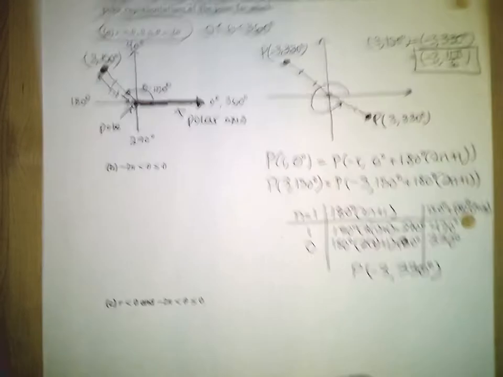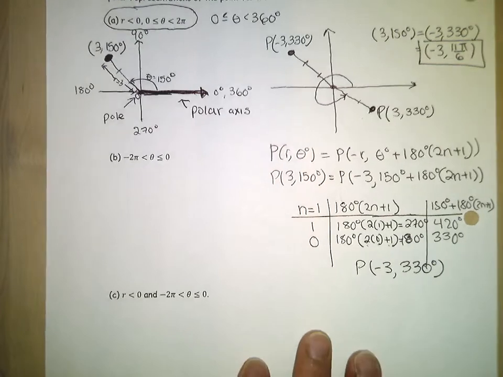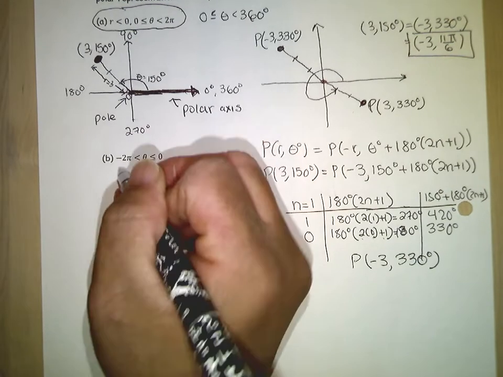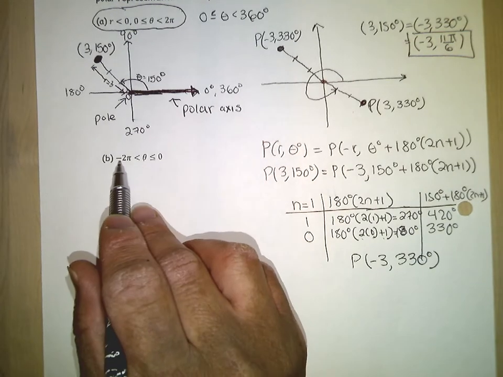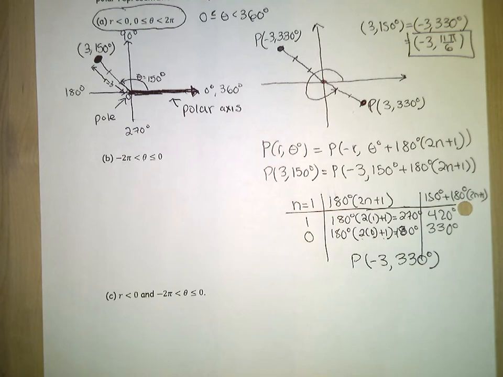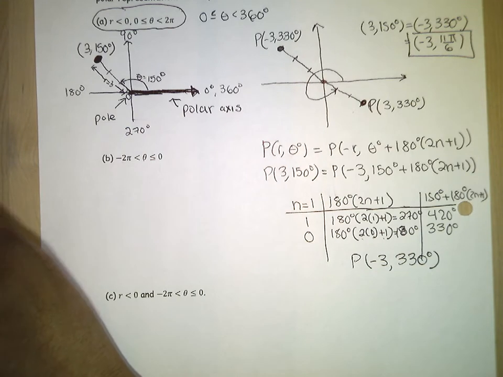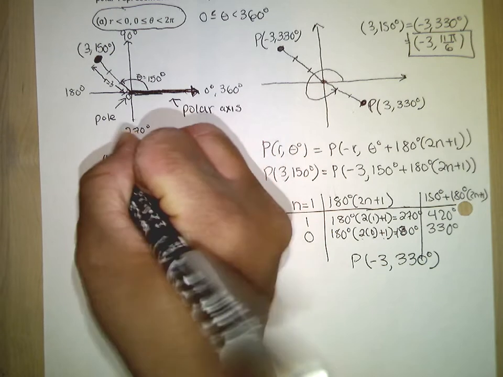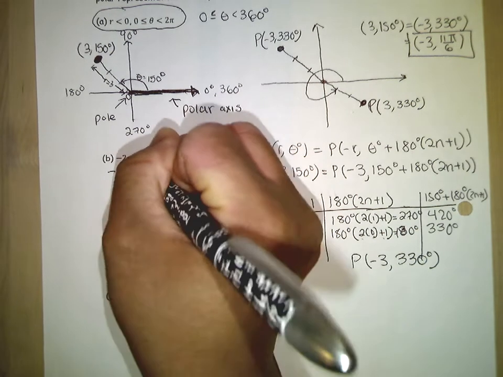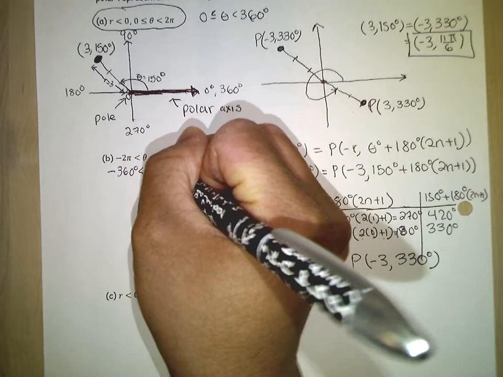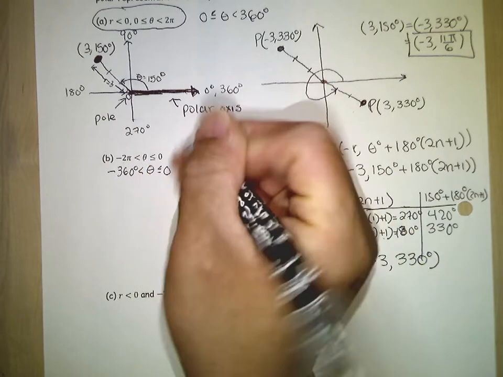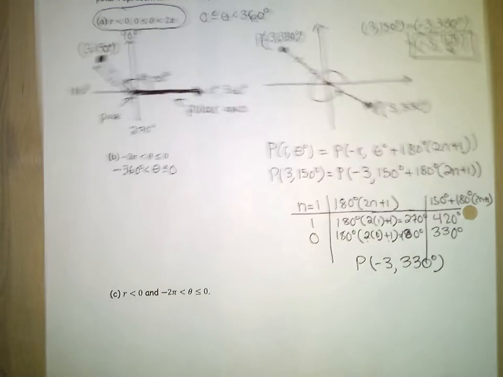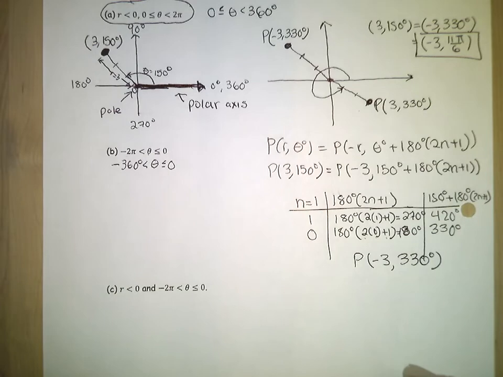All right, so let's do another one here. We want the theta to be between negative 2 pi and 0. So a negative number now. In other words, that's the same as saying between -360 degrees and 0.